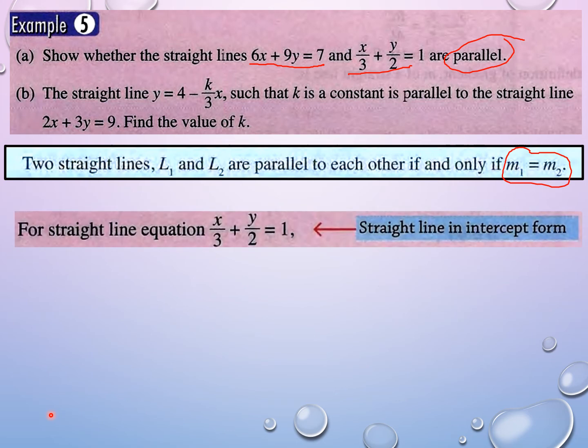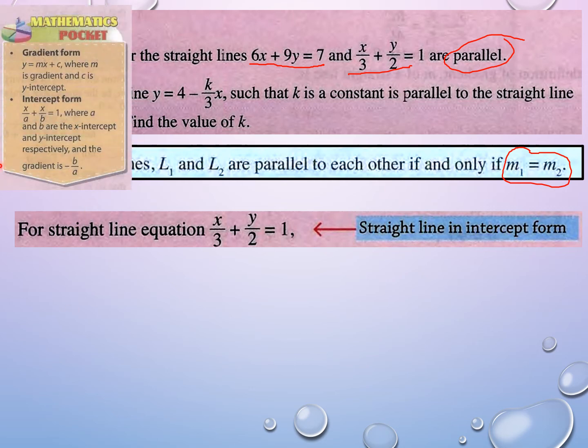The second line equation is actually in intercept form. Last time we learned the gradient form, intercept form, and general form. In intercept form, we can get the gradient by making it into a ratio first, and then it equals 1. So the gradient will be negative b over a, where it is x over a, plus y over b.